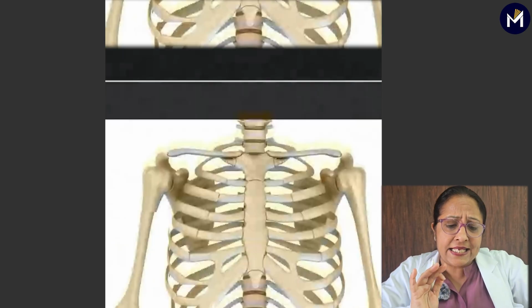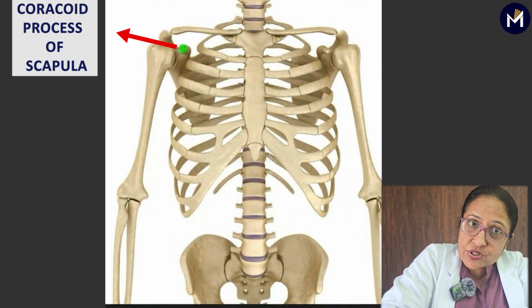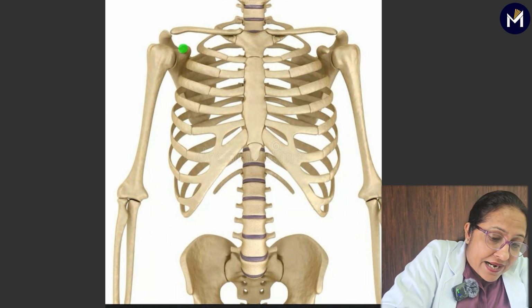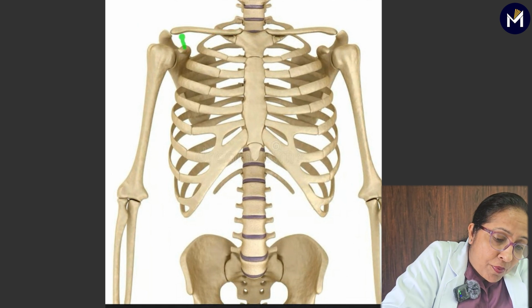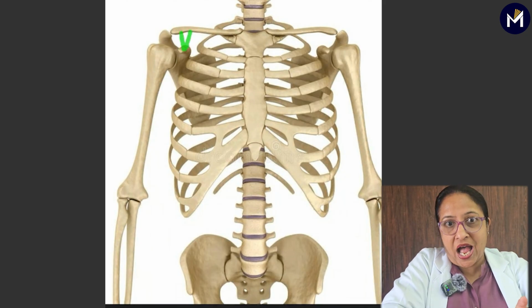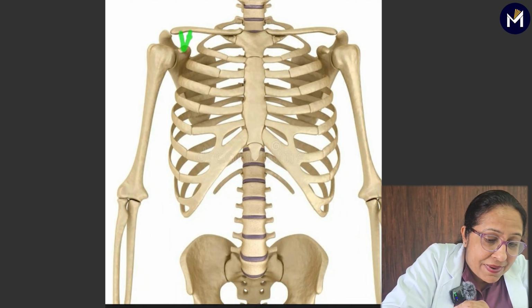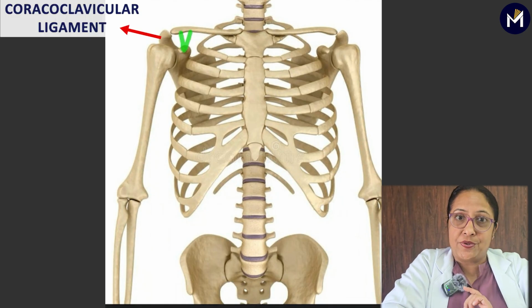And the third thing that we should know is, this is the coracoid process of the scapula and this is the clavicle. Between the coracoid process of the scapula and the clavicle is the strongest ligament of the upper limb. This ligament is the coracoclavicular ligament.